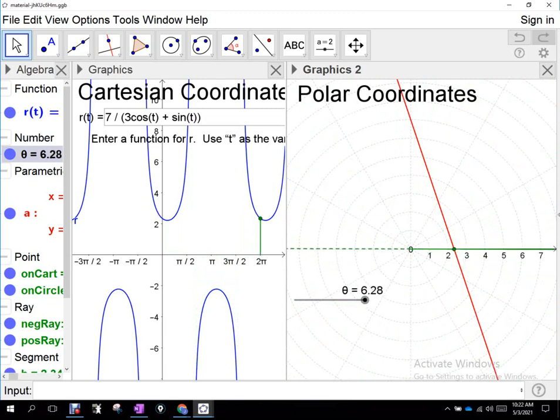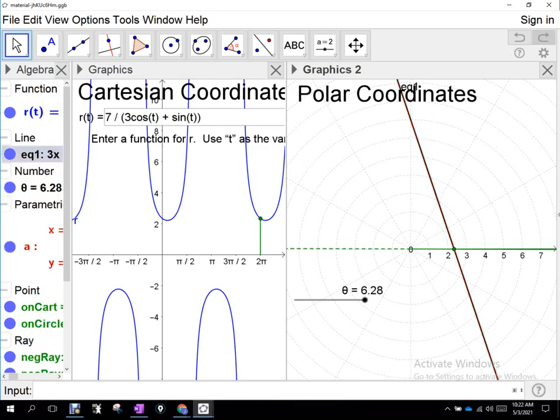But nonetheless, we've typed in this right here, which is our polar form, and we can see how that creates the curve over here. If I type in 3x plus y equals 7, does it plot that line right on top of what we came up with in the polar form? Does that make sense?